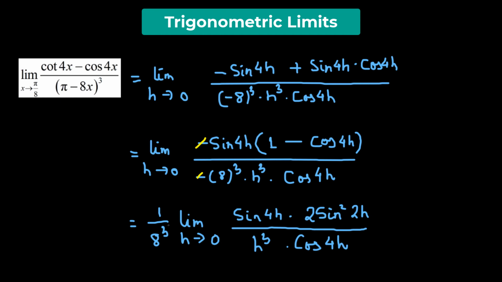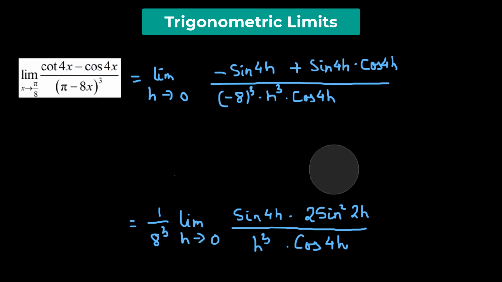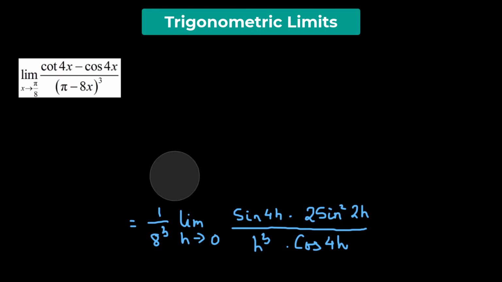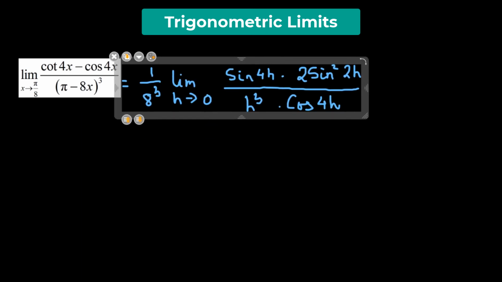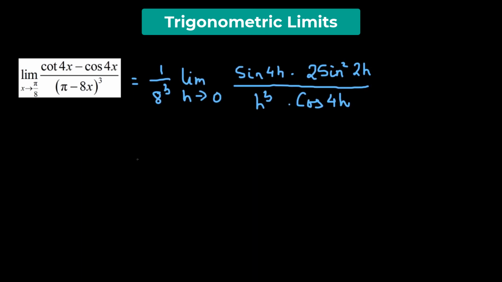So now we're going to arrange all of them. So let's do the arrangement here. So we get rid of the extra ones. So we're going to rewrite it as 1 over 8 cube times limit h approaching 0, sine of 4h divided by h.